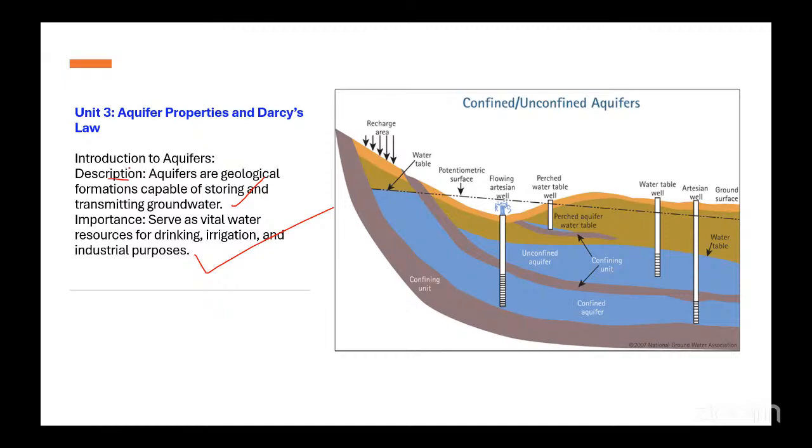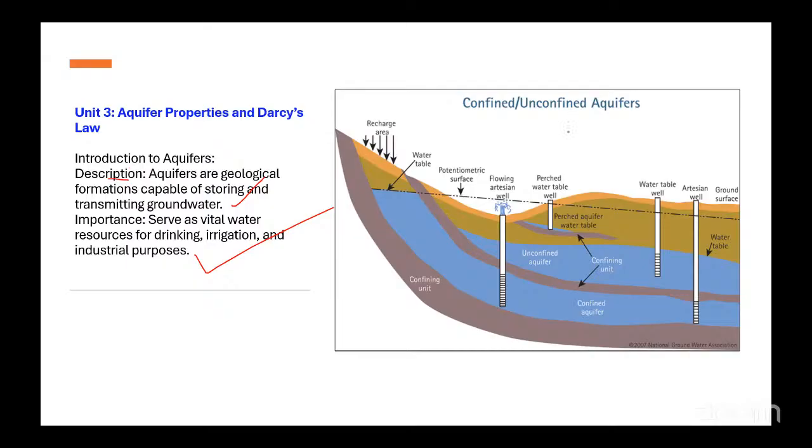Groundwater has to be stored and has to be transmitted. So only if the geological formation has storing and transmitting properties can we call it an aquifer or a good aquifer.